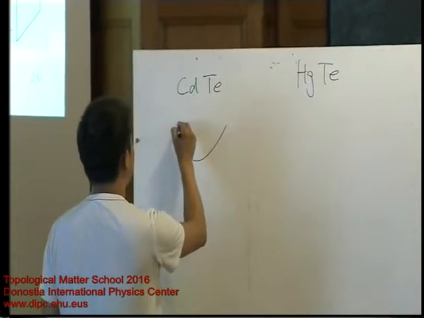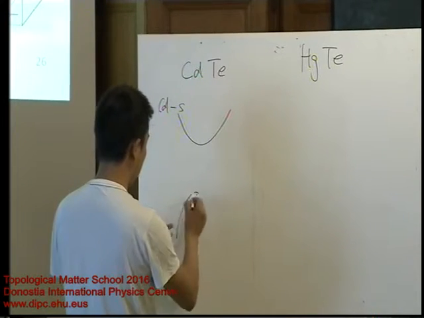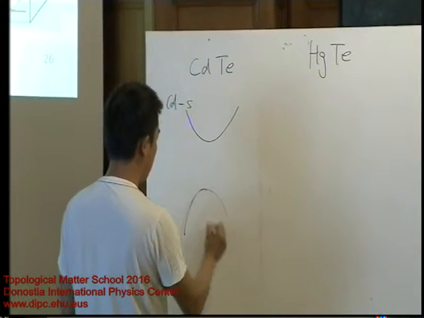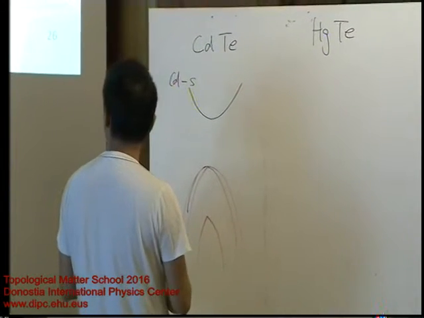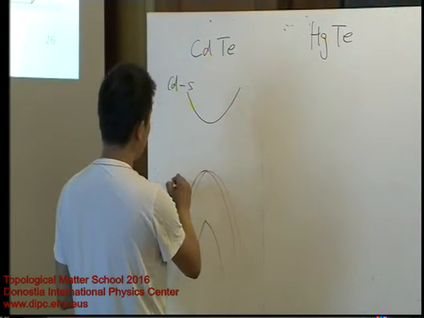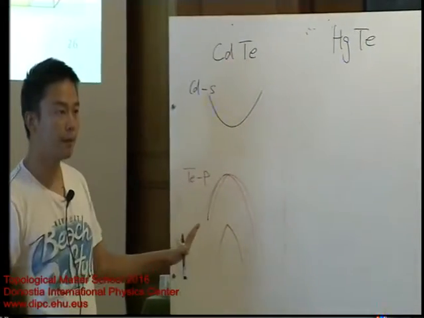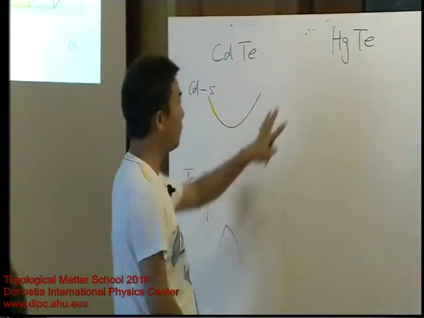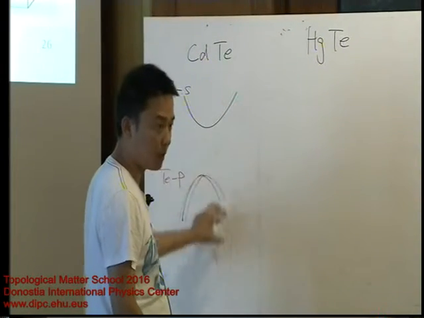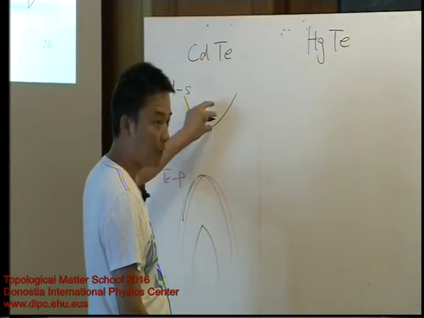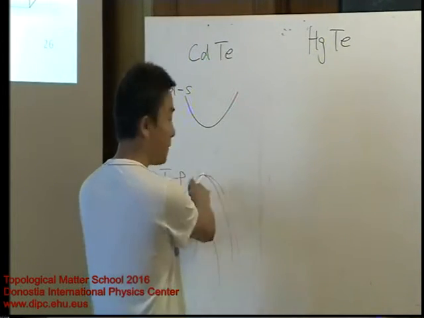This is the s orbital of the cadmium. This is the p orbital of the tellurium. This is clear, right? For mercury, its s energy is much lower because of the contraction, and then it goes to this position, inverted with here.